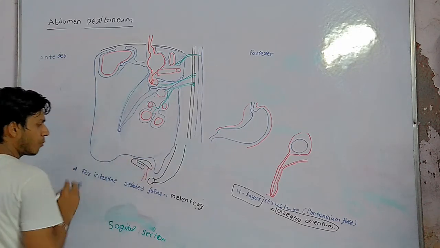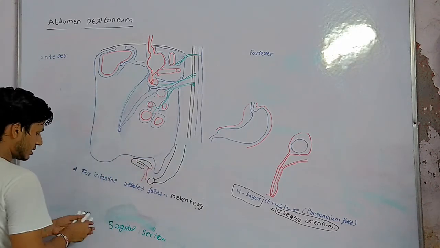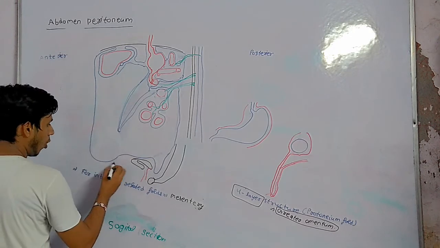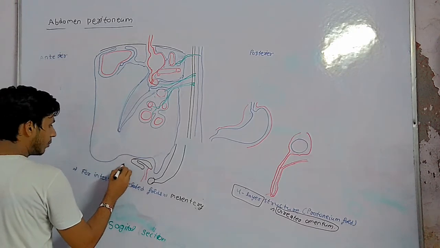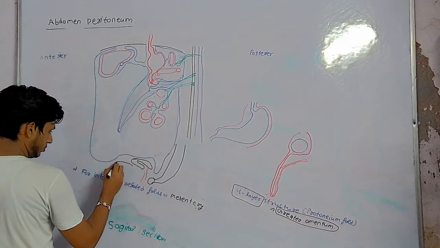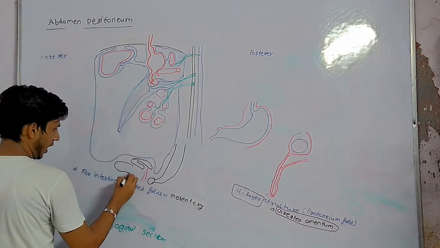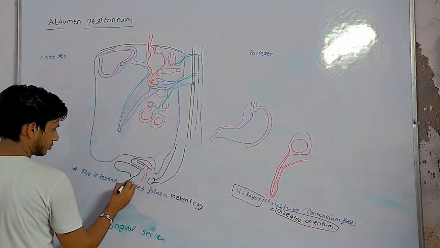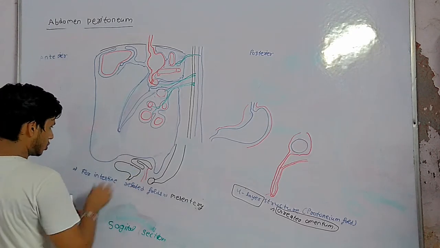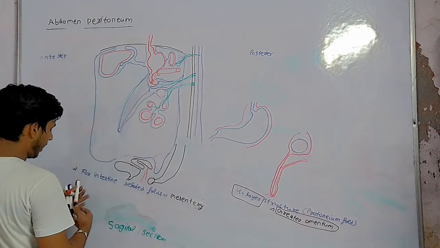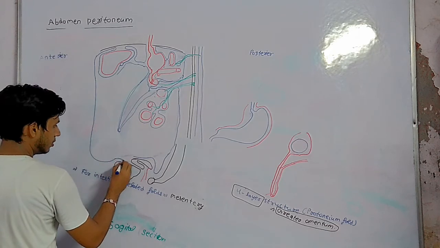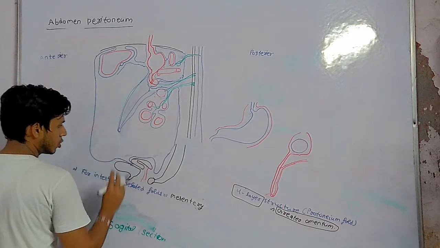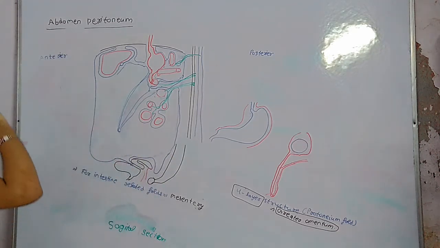A pouch is formed here. Anterior to the uterus, the urinary bladder is present, and here the urethra is formed. Again the peritoneum extends between the uterus and bladder. So two pouches are formed if this is female.